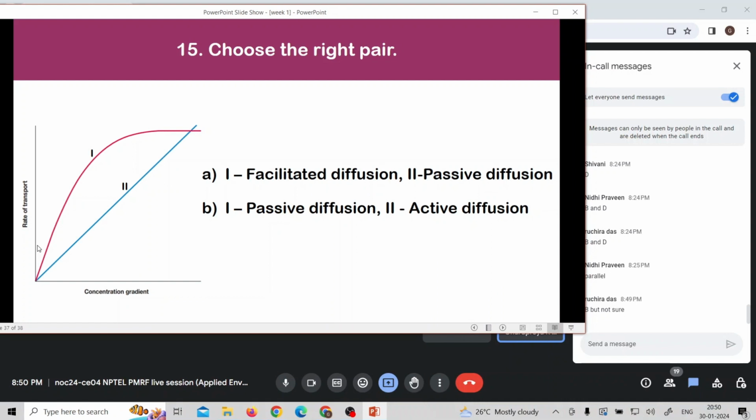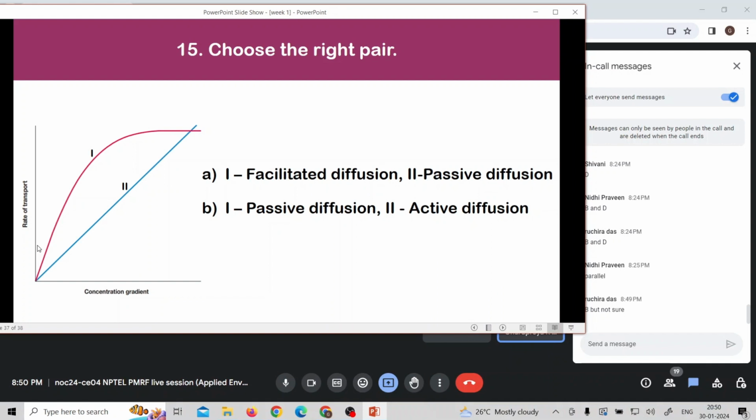Coming to that explanation, let me show you here that facilitated diffusion, as I told you, needs some molecules to facilitate the diffusion. So in a cell, you cannot have an infinitely large number of molecules to facilitate the diffusion. At one point, those molecules are going to be saturated, right? So even though your concentration gradient is increased, your rate will depend on the number of molecules that are present to facilitate the diffusion.